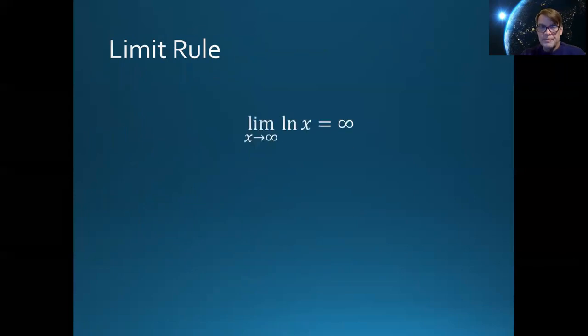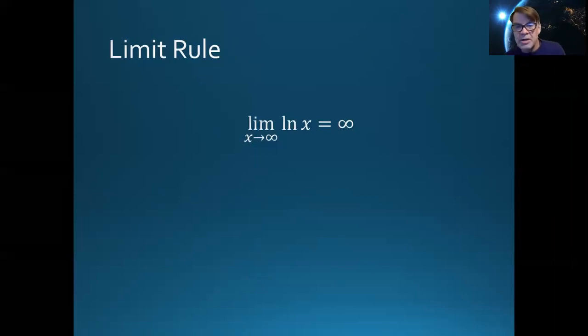So limit rules. Okay, so the limit as x approaches infinity of the natural log of x is infinity. I have to do a mirror image, so I hope I get this right. The way that the natural logarithm graphs is it has an asymptote at x equals 0, but then it comes up and then goes like this above the x-axis, and so it goes to infinity. As it gets bigger and bigger, it goes to infinity.